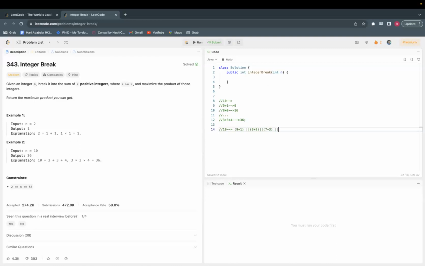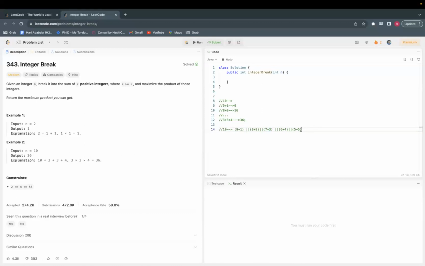I'll expand it further later. Right now I'm just writing it like this, taking k as 2, and then we can expand from there. So 6 plus 4, 5 plus 5. The next possible ones, 4 plus 6, 3 plus 7, we have already written.